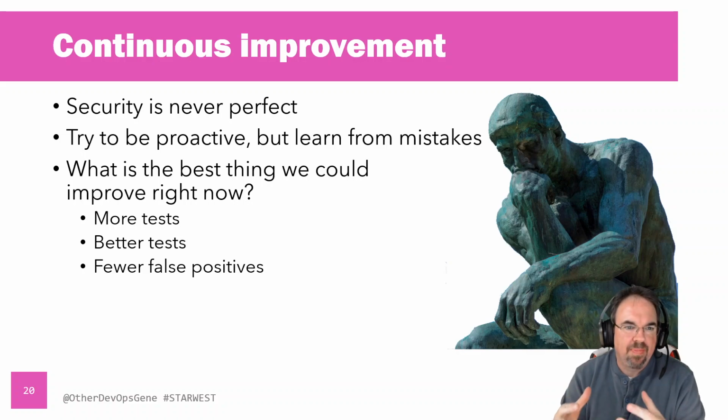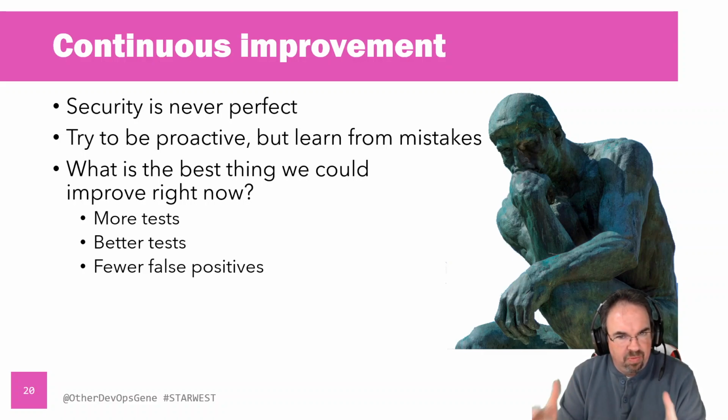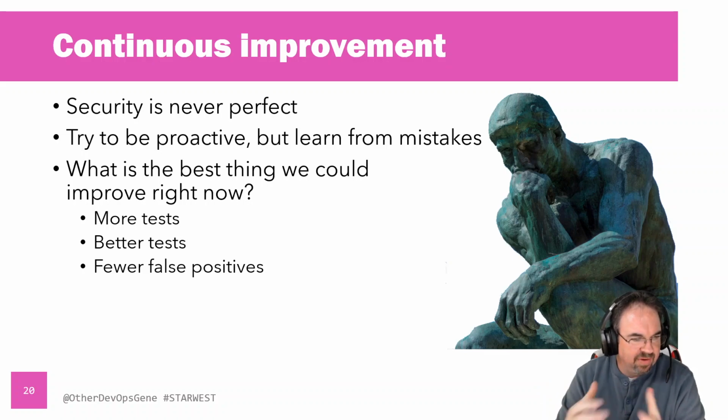Now, we're never going to be perfect, so there's always going to be room for improvement. So we want to keep looking at that feedback and doing what we can to make things better. We want to try to be proactive, but we also are going to have to learn from our mistakes. We're never going to not make mistakes. So when a mistake happens, some groups have a formal after action report or review.